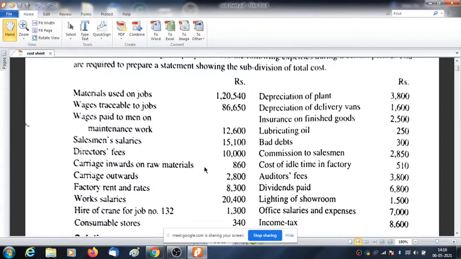But here there is no question of opening stock or any item relating to raw material. The only thing given is material used on job. It means the raw material consumed, and we need to add this carriage inward on raw material with material used on job. Got it? Yes, sir.